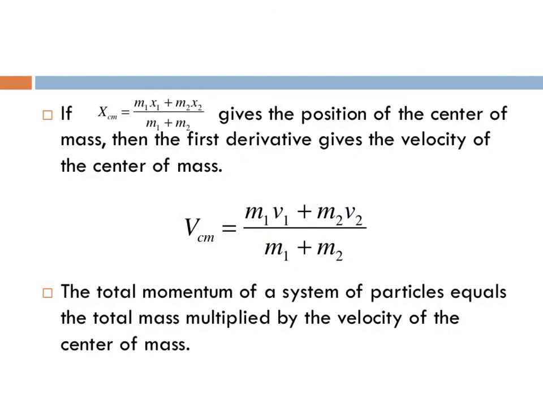This is equal to the total mass multiplied by the velocity of the center of mass, which is basically this equation rearranged. Again, if I rewrote this as my total mass, m, times my velocity of my center of mass, then this would be equal to the sum of my individual momenta.